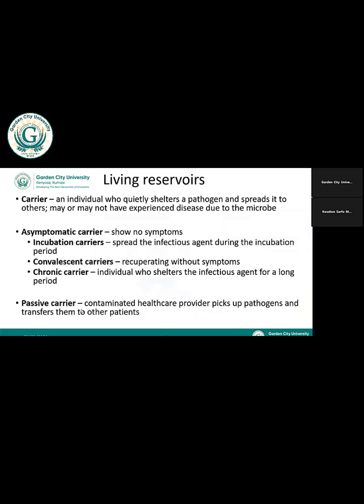The passive carrier does not have the infection. They only pick the infectious agent from a source, and mostly these are objects, and then transfer to other patients or other people. So this is passive transmission. They are not themselves infected. They just pick it from a source.